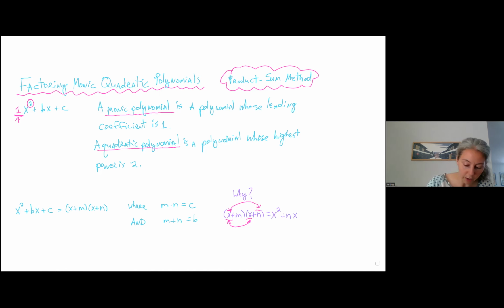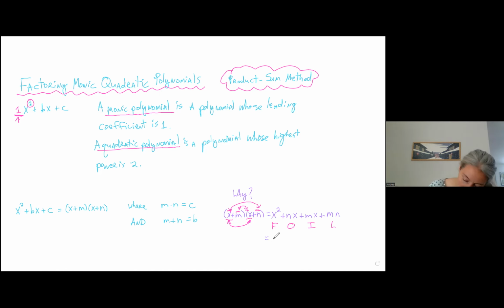And then our inner terms are that m and x, which will give us plus mx. And then plus our last terms, m times n. So we have first, outer, inner, last.